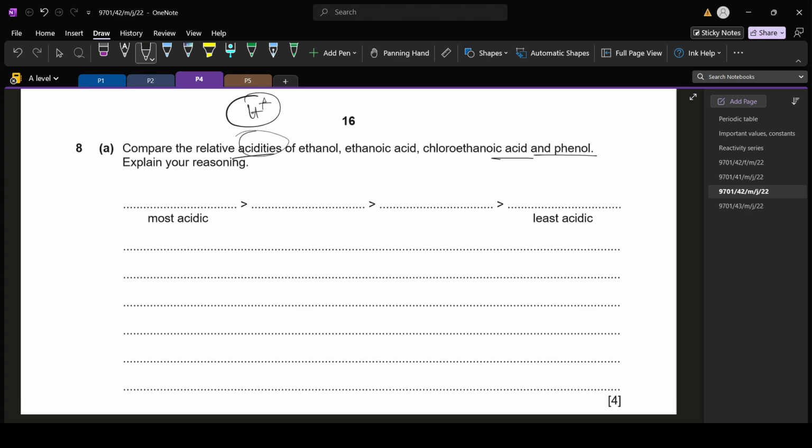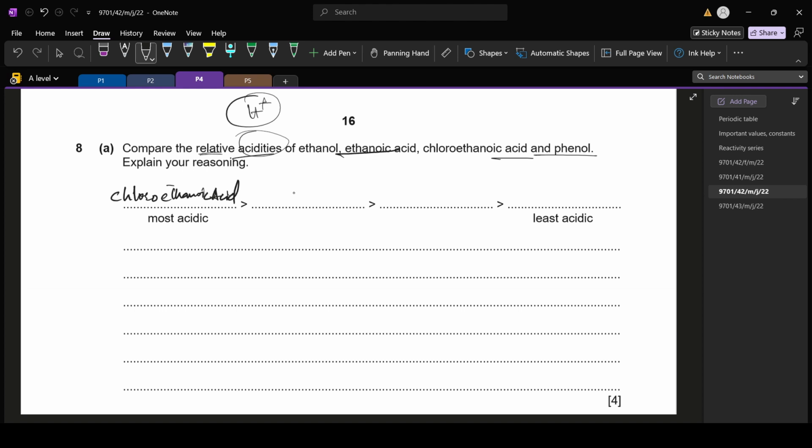The acidity depends on how easily it dissociates H plus ions, and the stability of the conjugate base. So these are the factors which show which compound is more acidic. In chloroethanoic acid, the H plus ions are easy to dissociate.